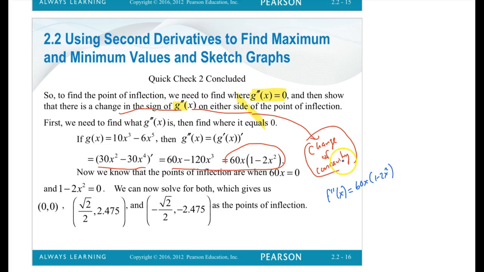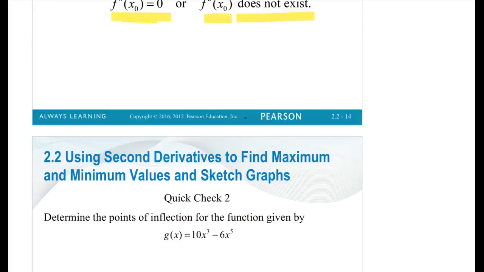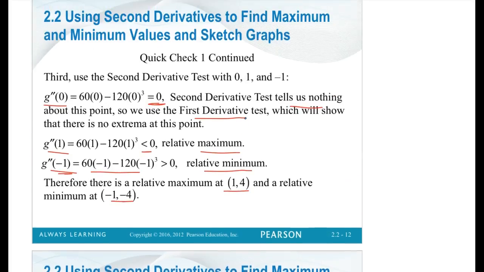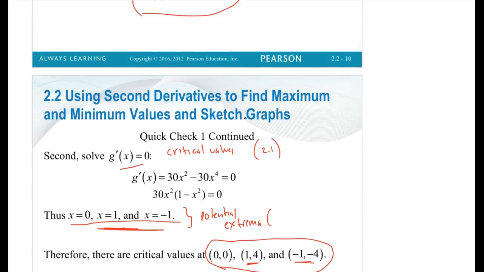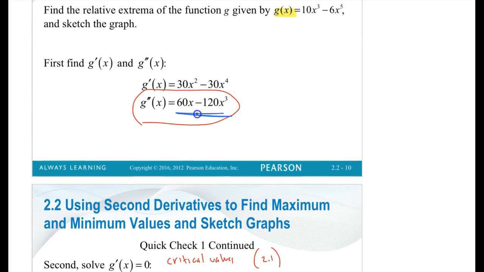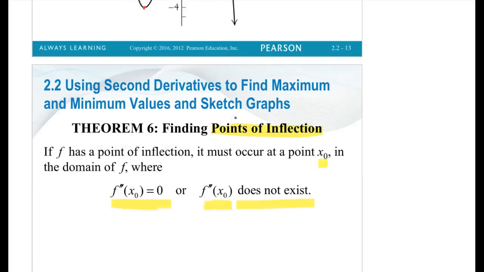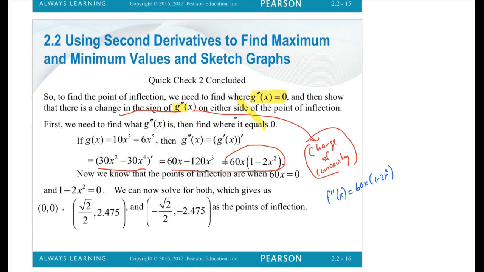So you have that there again. We calculated that earlier already in the previous quick check, when we did the second derivative, right there. And then we went ahead and factored it out right here.